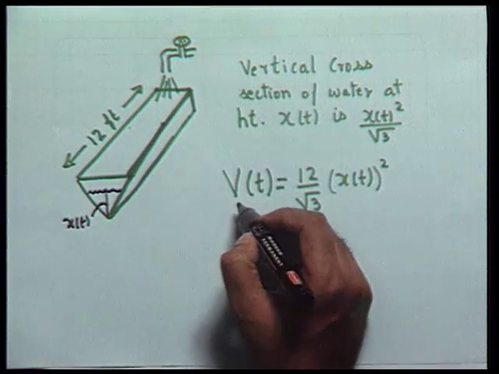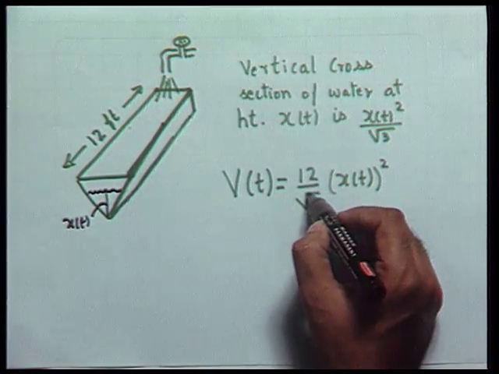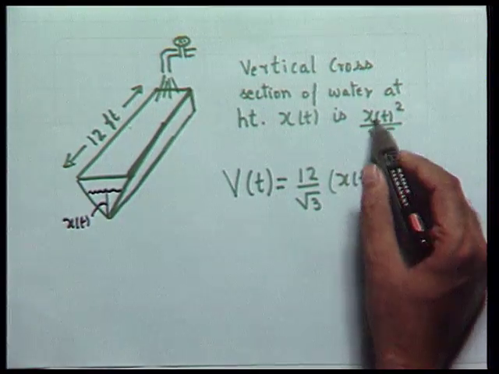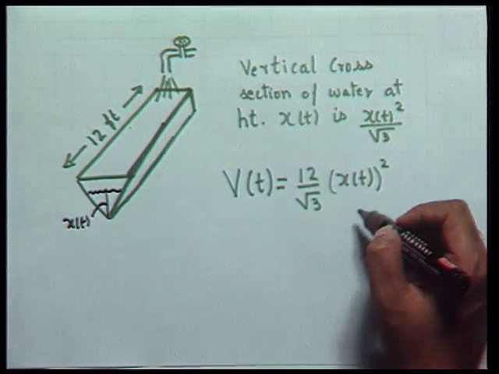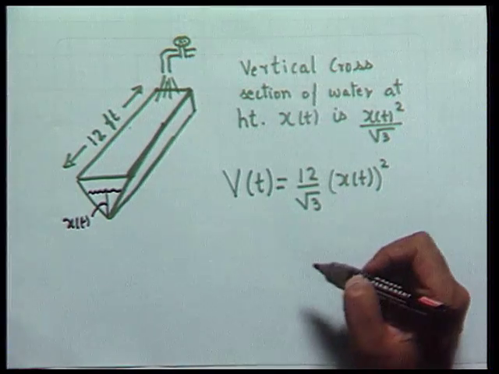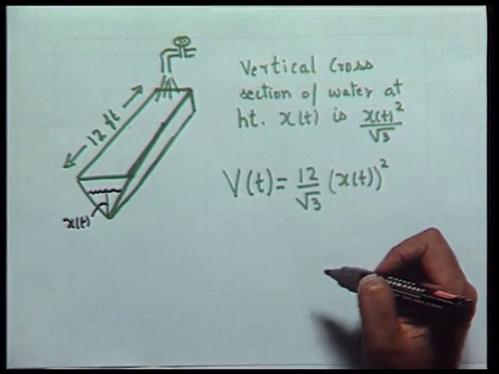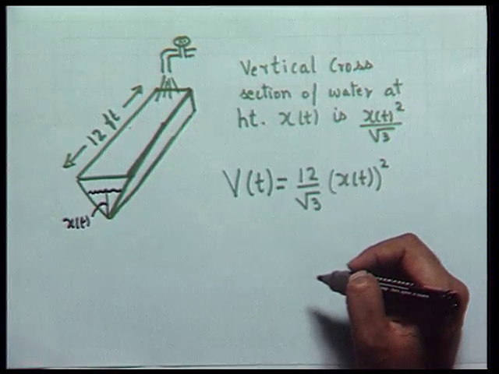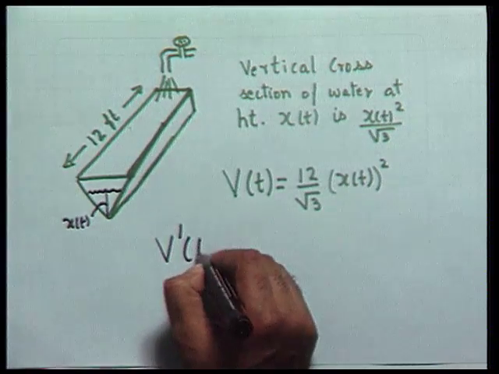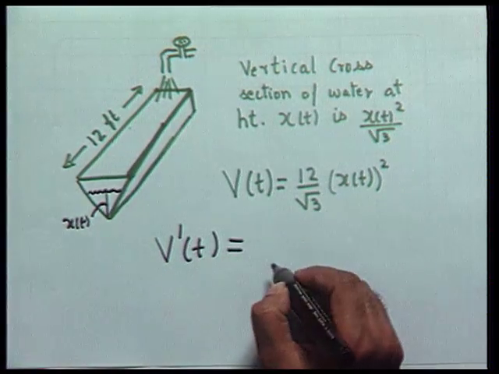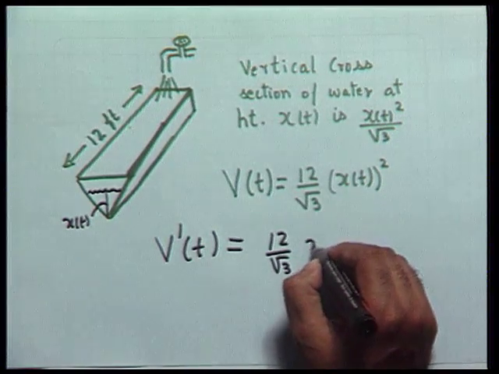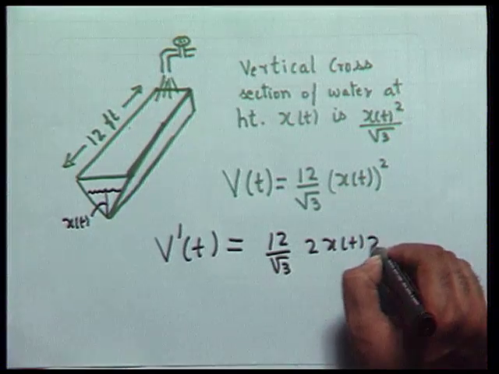So, the volume is 12 times x(t) squared by root 3. This is just simple geometry. You know how to find the area of an equilateral triangle, and from there you get the volume for this trough, which is 12 feet long. You are also told that the rate of change of volume is 4. So, V prime(t) is equal to 12 by root 3 times 2 x(t) into x prime(t).